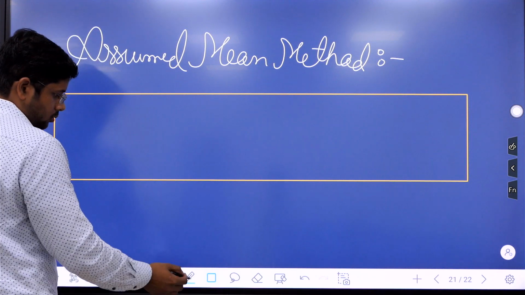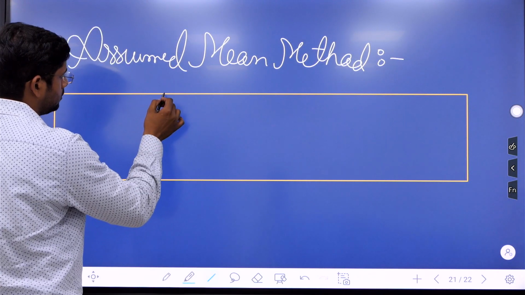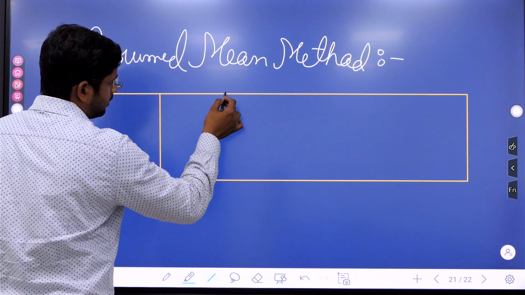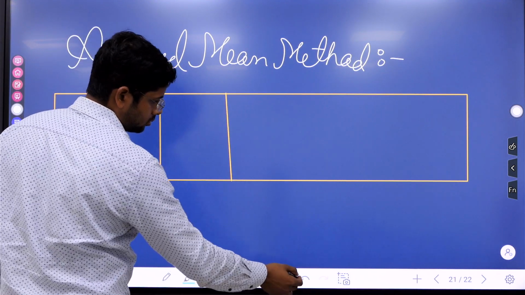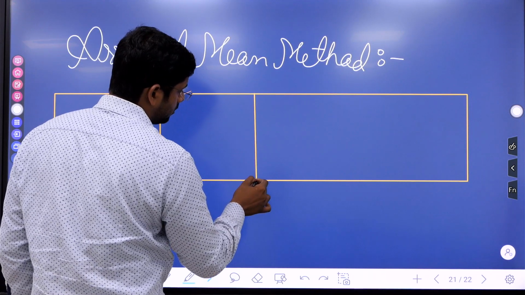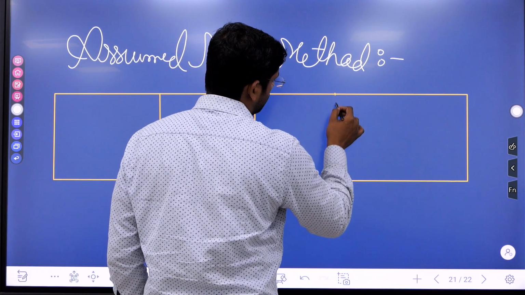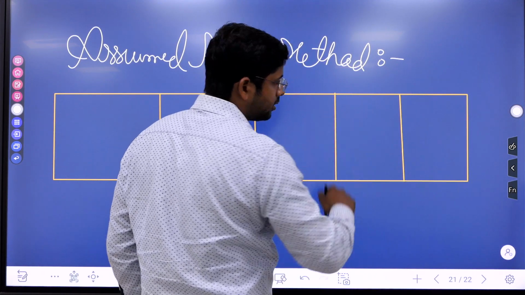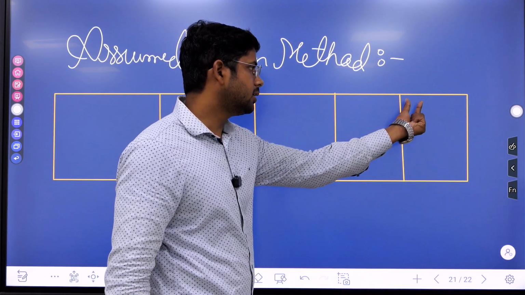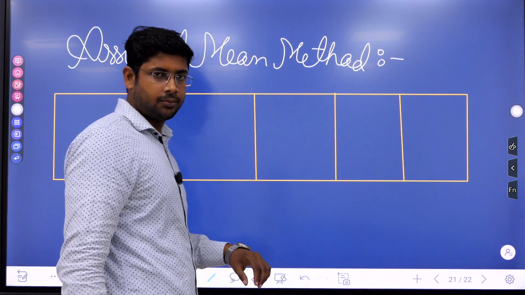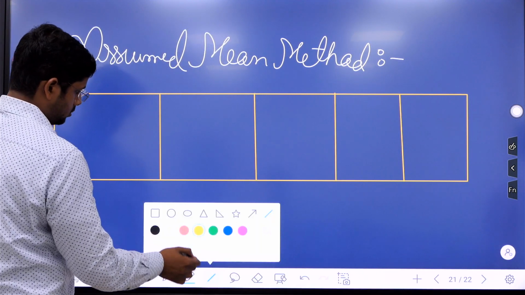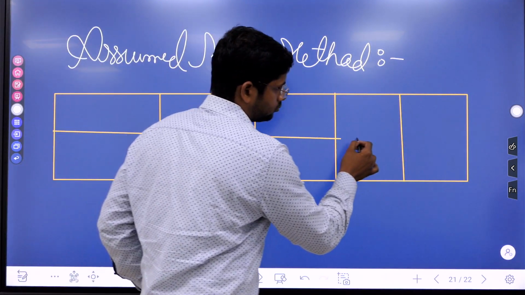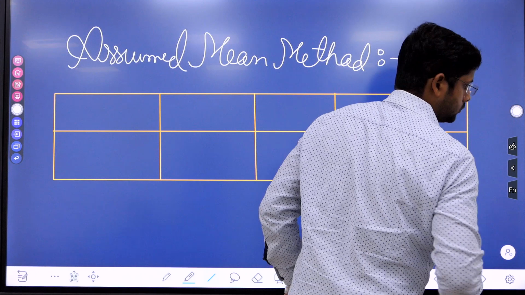So first column is for class interval, second is for frequency, third is for class mark, and then you write di equal to xi minus a, and then fi di.